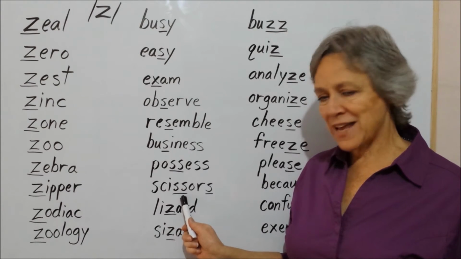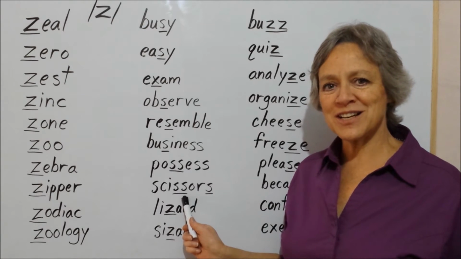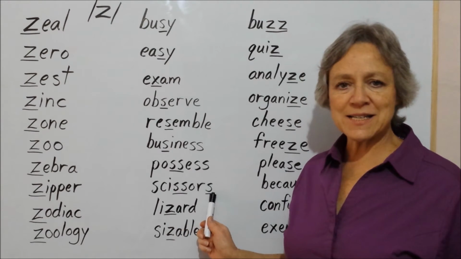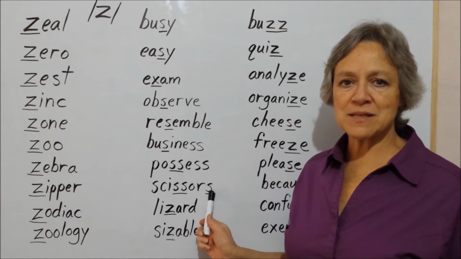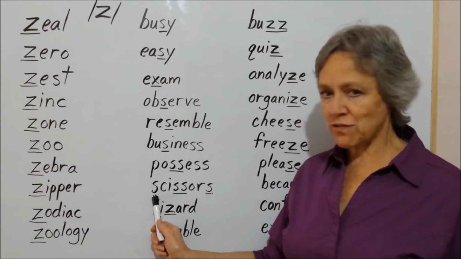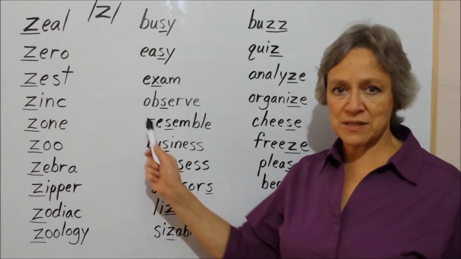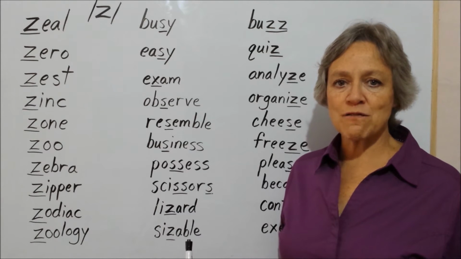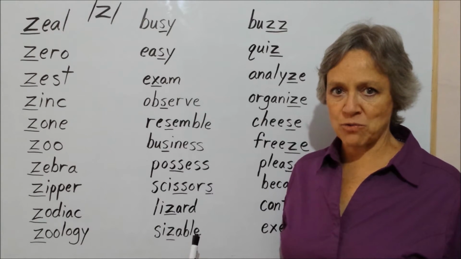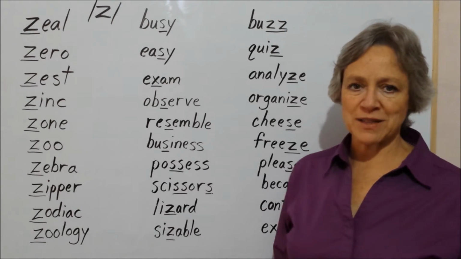Here I have two S's again in scissors, which make this sound, z, and also the S at the end makes this voiced sound, z. But the S in the front is not underlined, so it does not make this sound. It makes the voiceless s sound. Okay? Here we have a couple of Z's which make the sound.